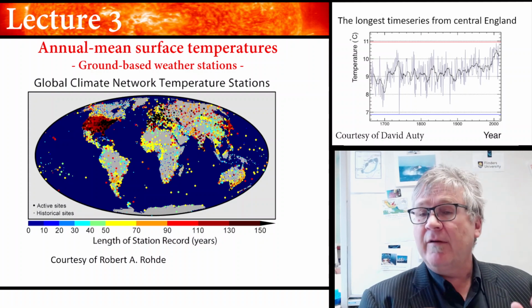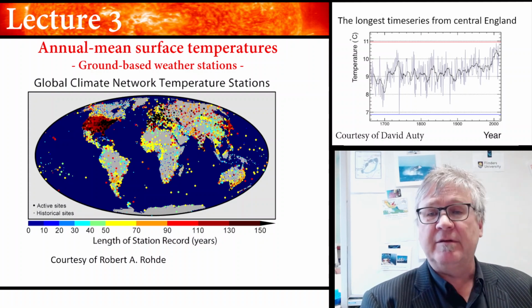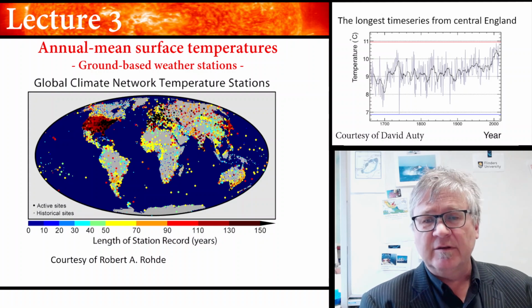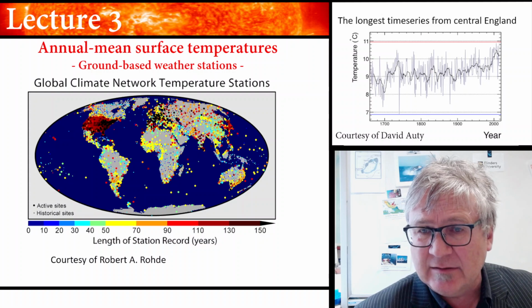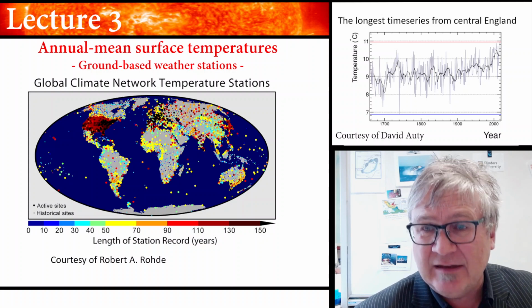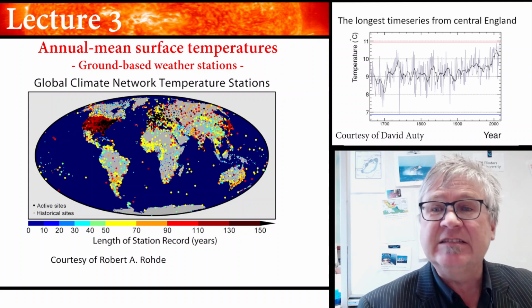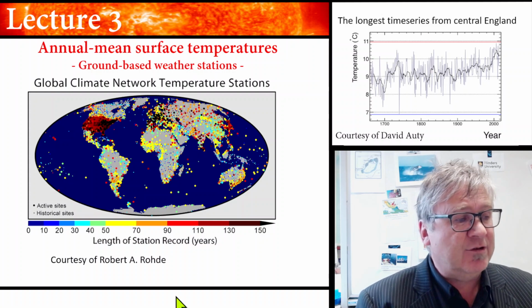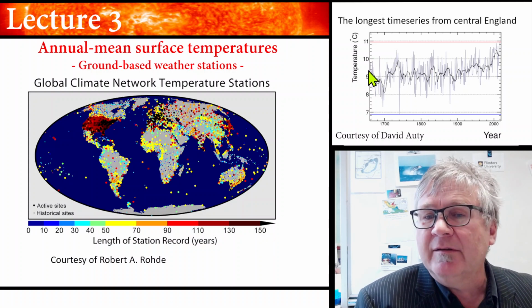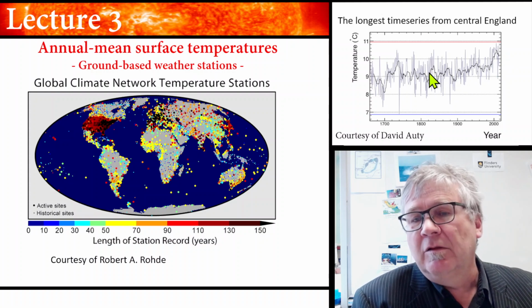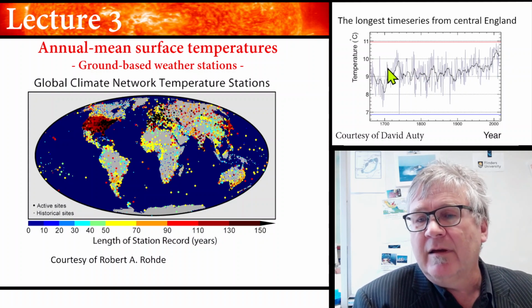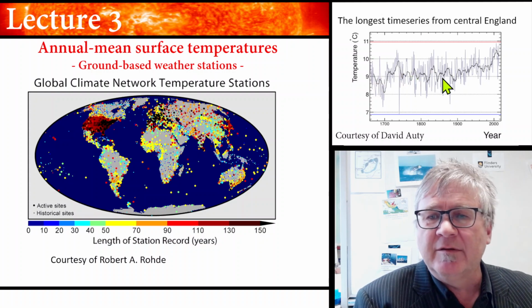Okay, we have a very, very long time series. The longest time series of meteorological data, mainly temperature, is from central England. And it's shown here above my head. And it extends longer than 350 years. It's a long time series.